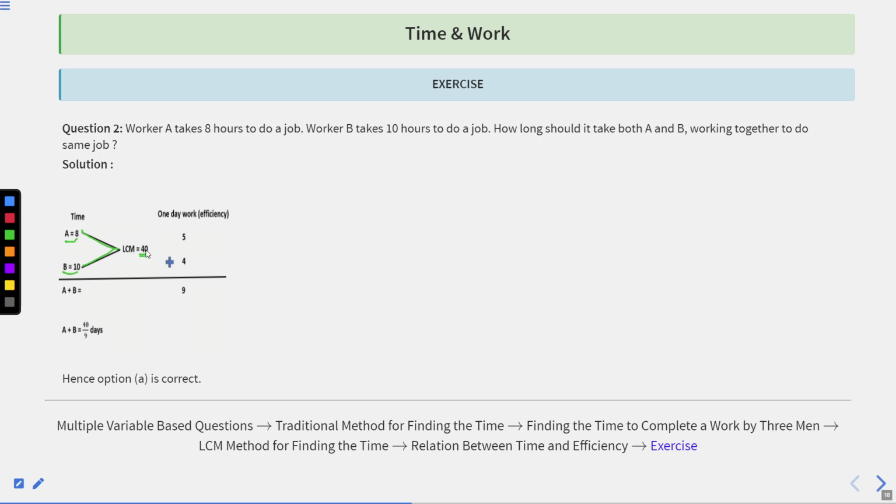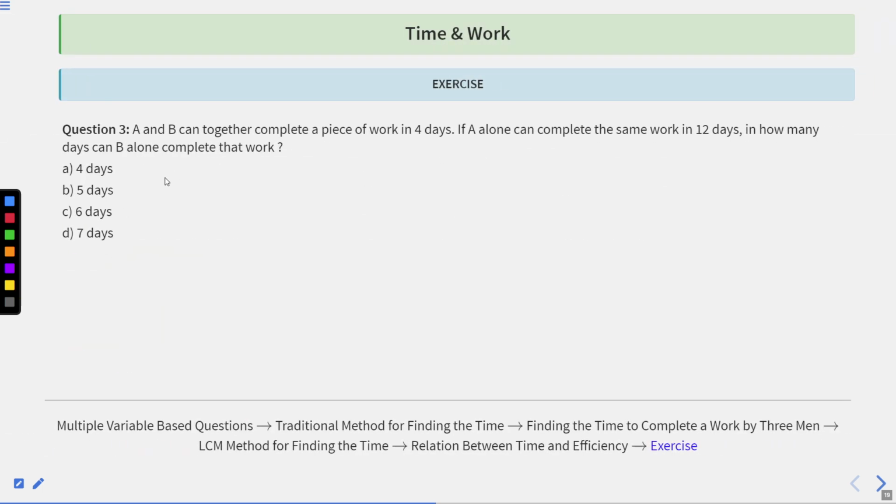So divide 40 by 8, you will get 5, and divide 40 by 10, you will get 4. So these are the work efficiencies of A and B respectively. So the total work efficiency of A and B will be 9. You have to just take the sum of 5 and 4. So the time taken by A and B while they are working together will be 40 upon 9 days. So the correct option here is option A.